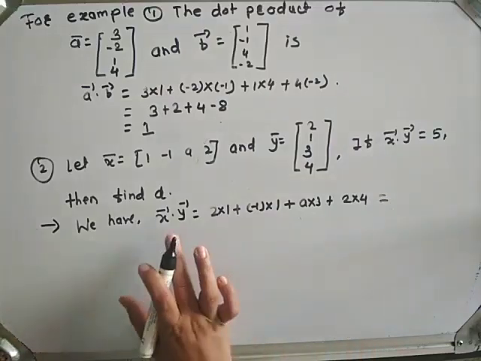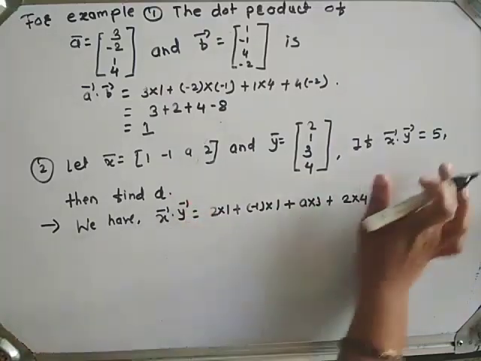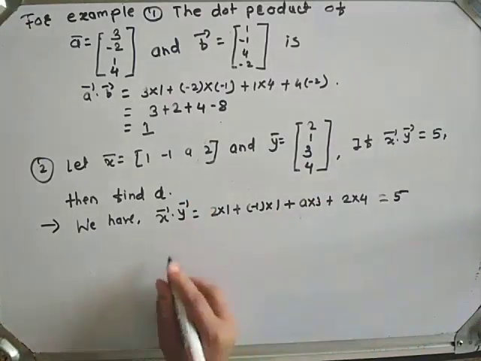In the problem we are given that this dot product is 5.